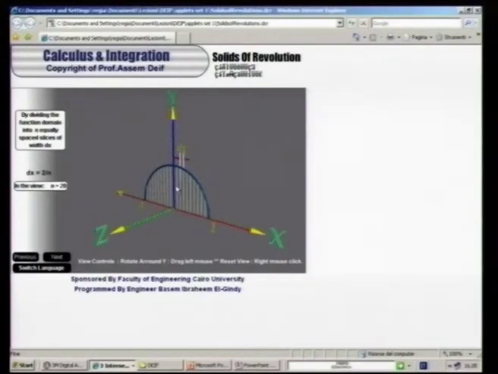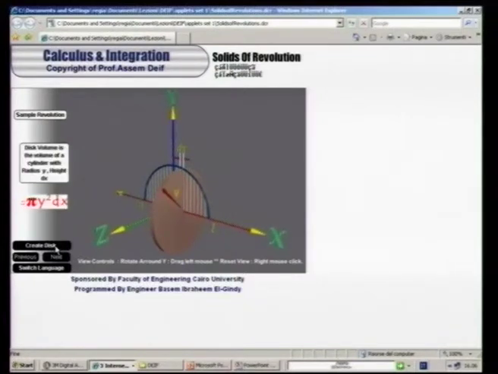What you do is subdivide the interval from -1 to 1 into many subdivisions, and then let each subdivision rotate about the x-axis like this. Here is what you get: a disk, or a cylinder.